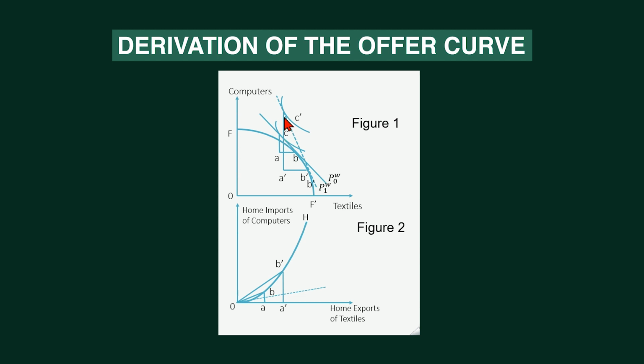So what is the implication? A prime B prime is now the exportable amount in exchange of A prime C prime of the importable commodity, and the importable commodity is computer. So at a price P1W, when the relative price is steeper, it means the price of textile is higher.